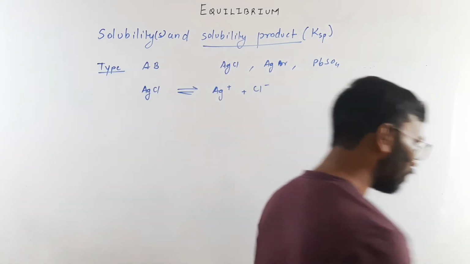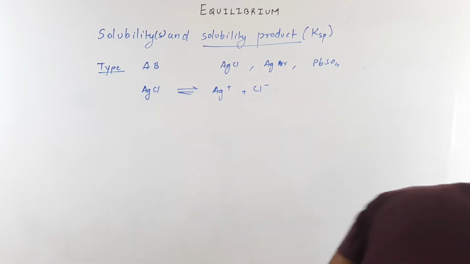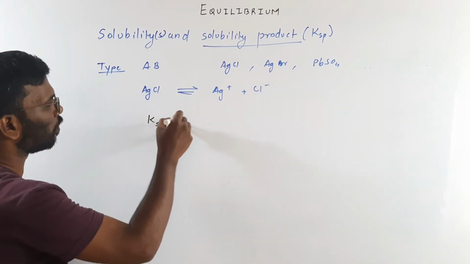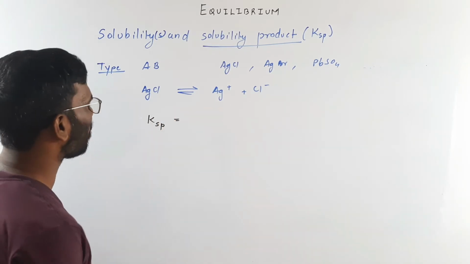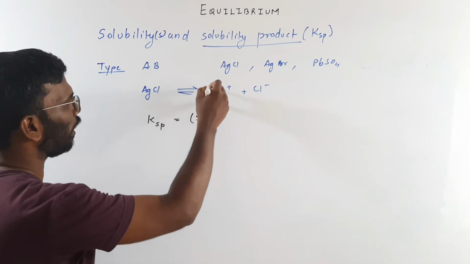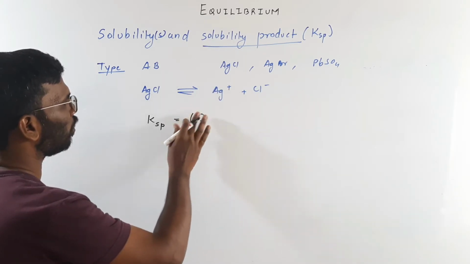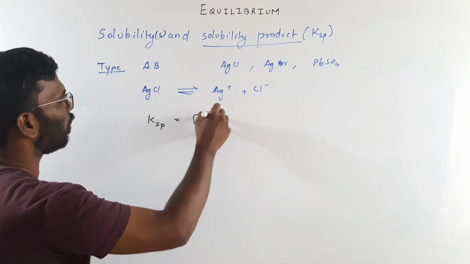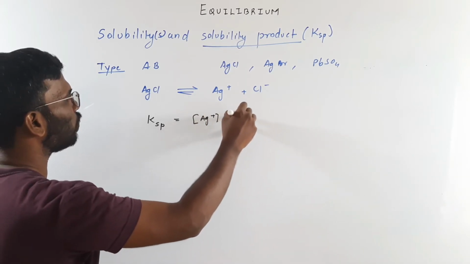So for this, KSP is equal to the concentration of Ag plus and the concentration of Cl minus.